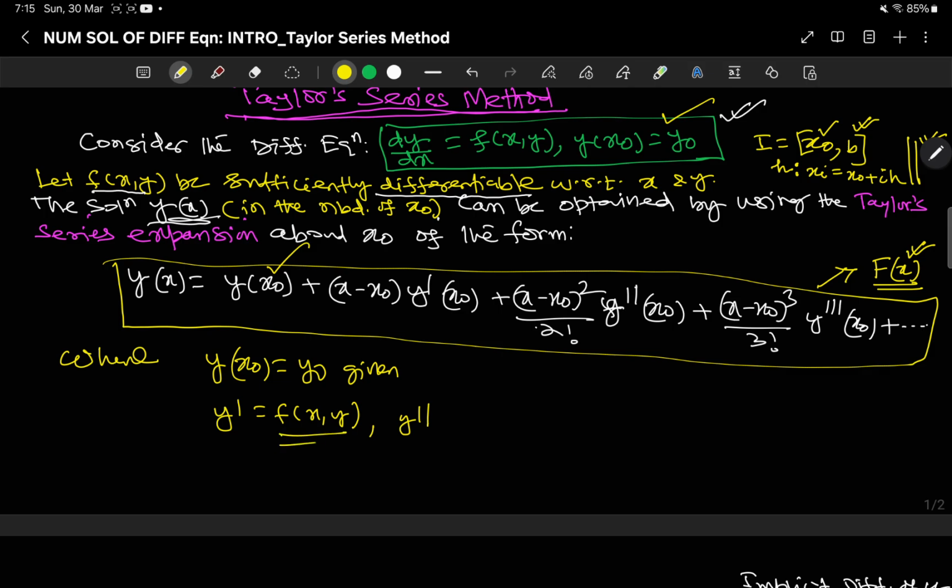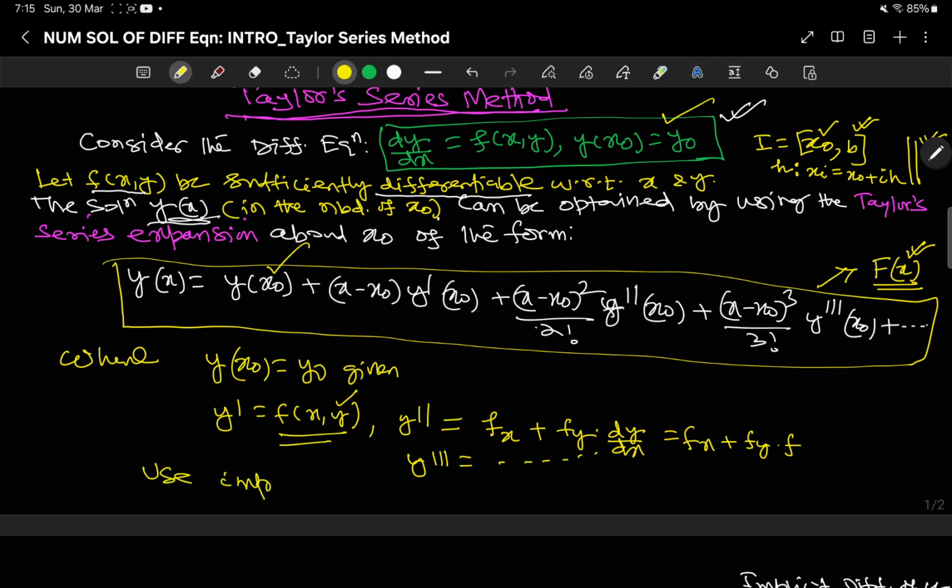We have to use implicit differentiation, which means f_x plus f_y, again differentiated with respect to y by chain rule, dy by dx, means it is f_x plus f_y into f. And similarly we find y triple dash using implicit differentiation.